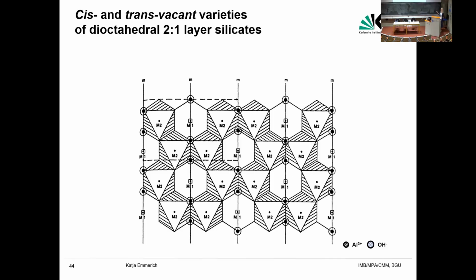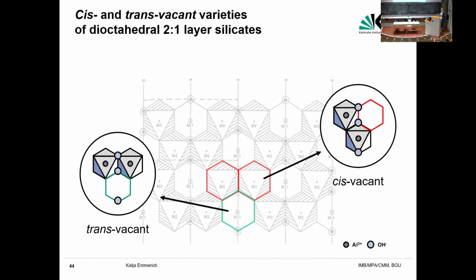Per formula unit, this is half a unit cell, you always need 3 octahedral positions. If the trans position is empty, those minerals are called transvacant. If one of the 2 cis positions is empty, then the minerals are called cisvacant.